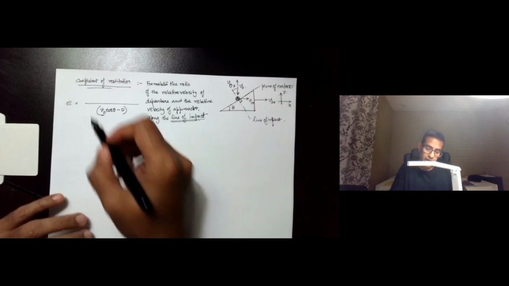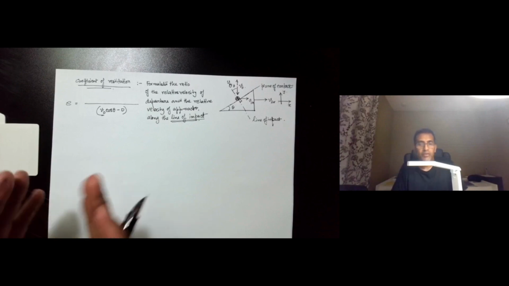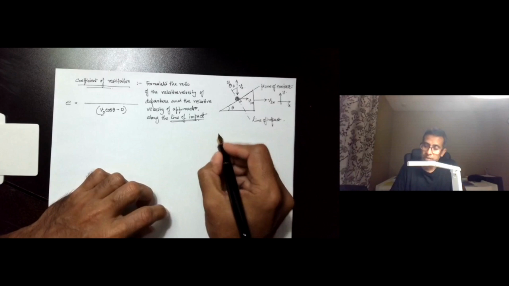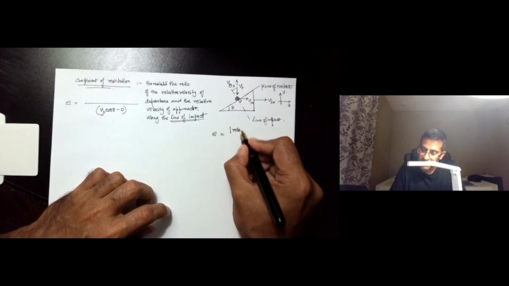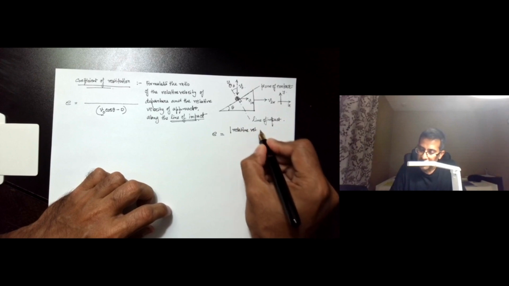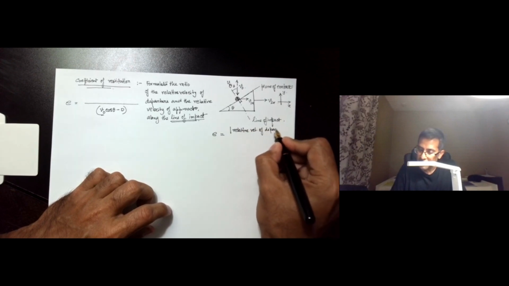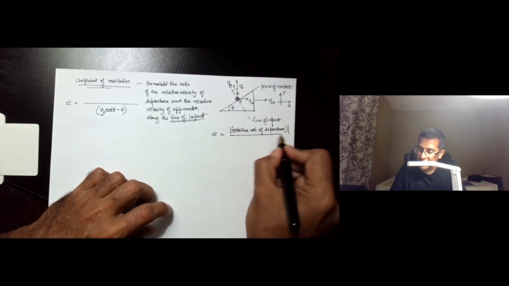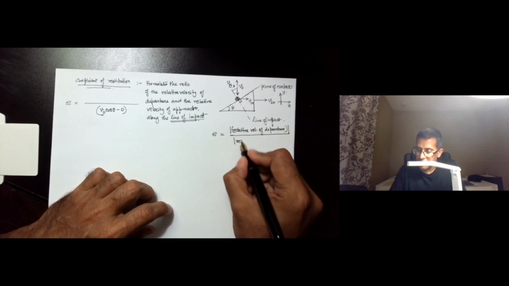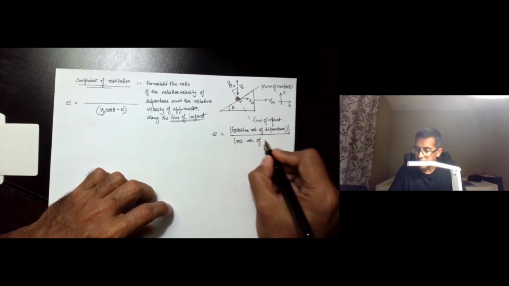Now when we formulate the relative velocity of departure, we should do so considering that the coefficient of restitution is a positive number. The fundamental definition of the coefficient of restitution is e equal to the absolute value of the relative velocity of departure divided by the absolute value of the relative velocity of approach.